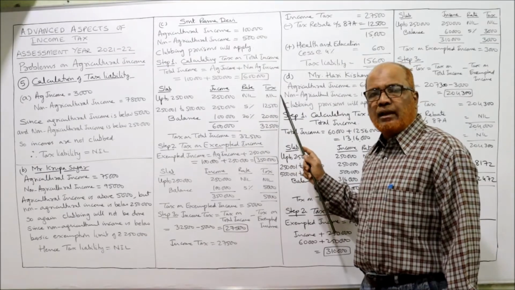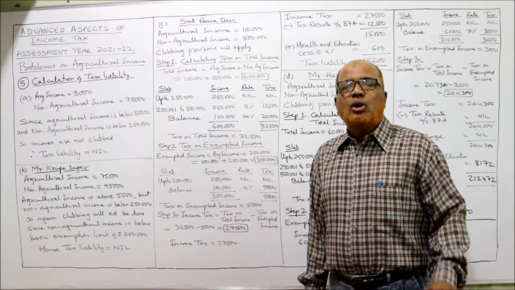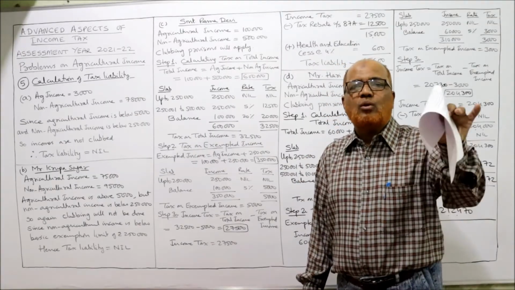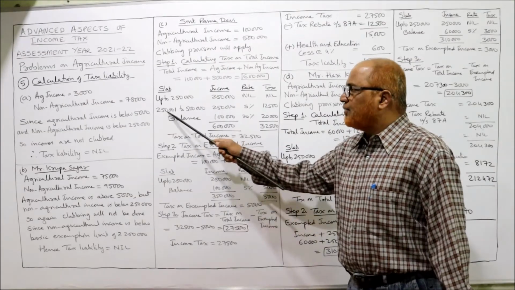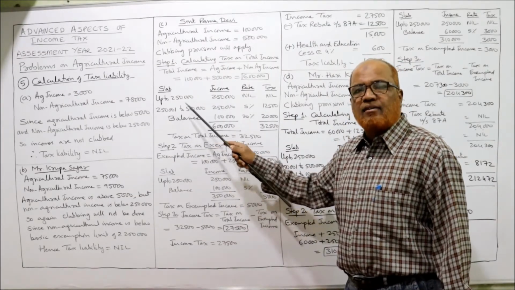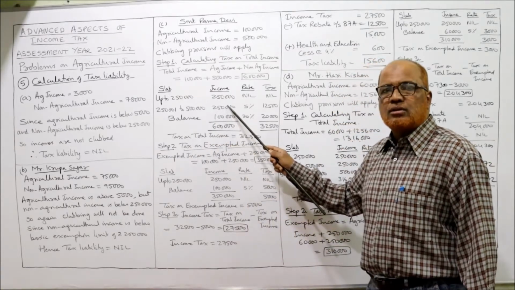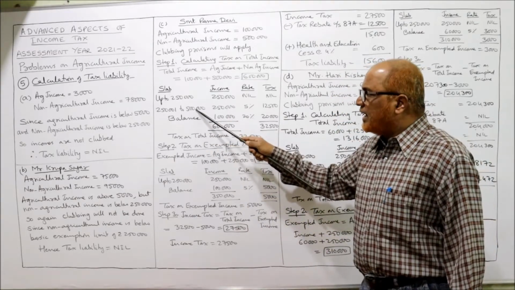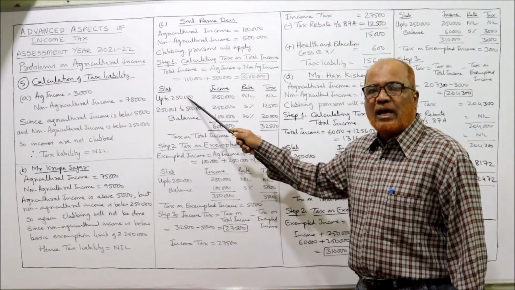The next slab goes from 2,50,001 to 5 lakh. So from 5 lakh remove this 2,50,000.